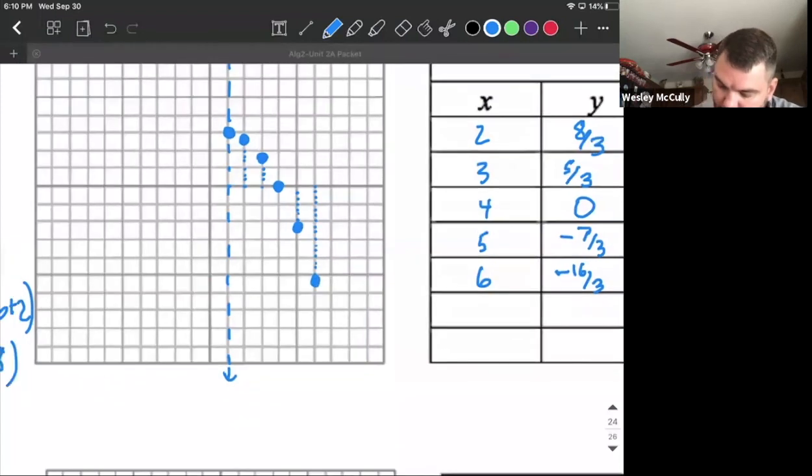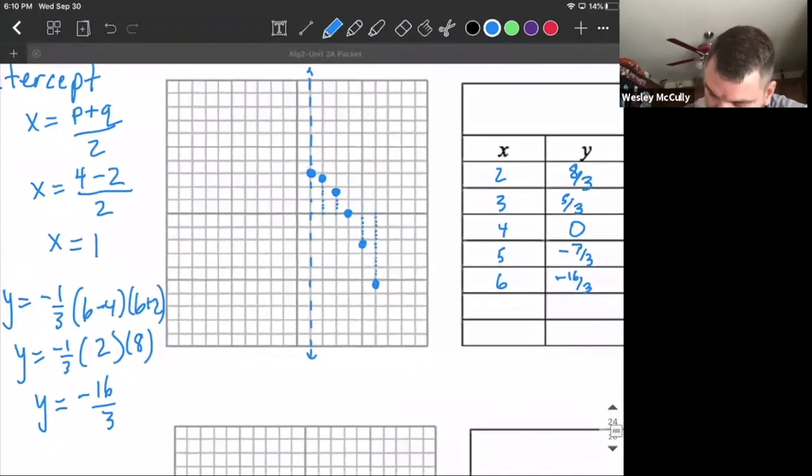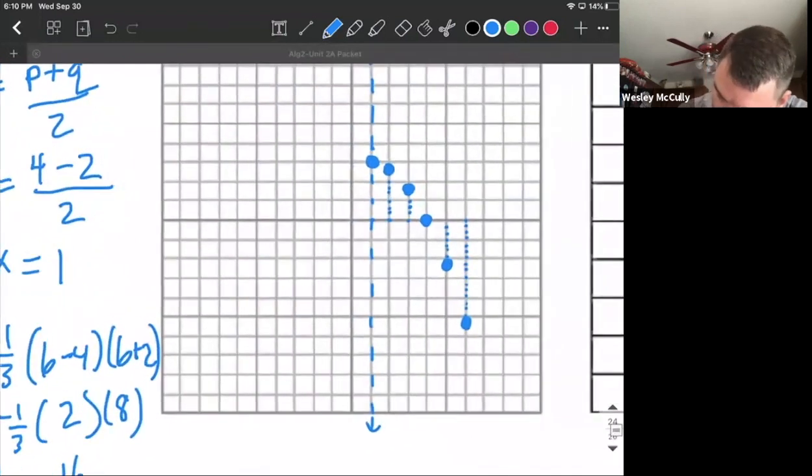And I think that's probably enough points to make an accurate representation of this parabola. So now that I have the right side completed, I can reflect over the axis of symmetry. So I put a dot here, and then I go 1, 2, and then 1, 2, 3, and then 1, 2, 3, 4, put a dot there, and then 1, 2, 3, 4, 5.